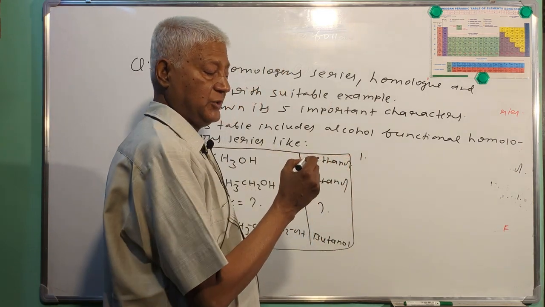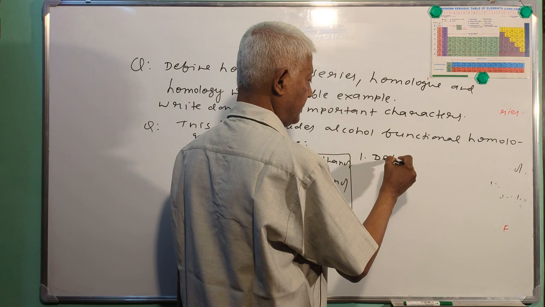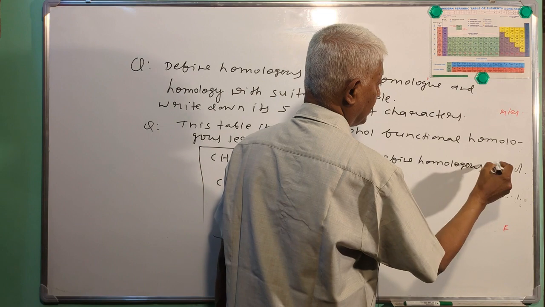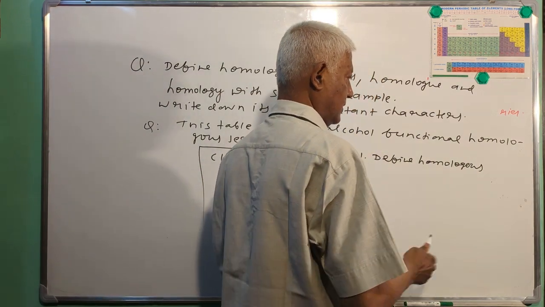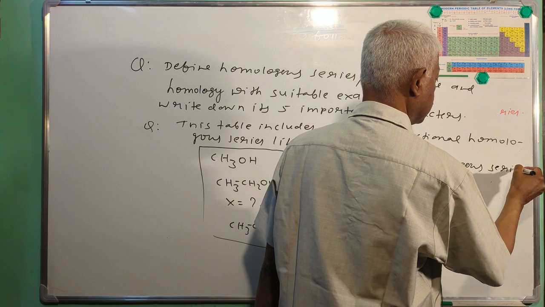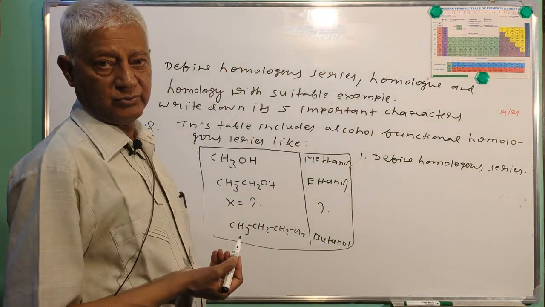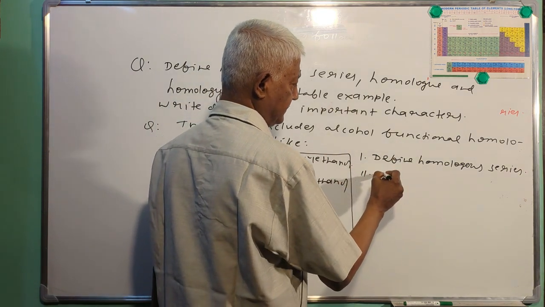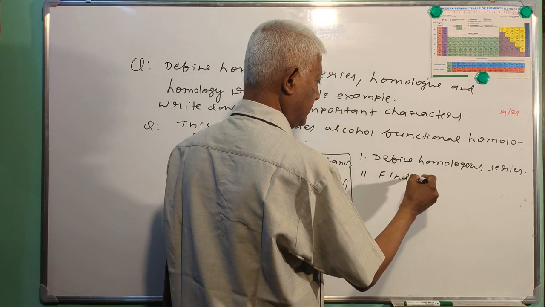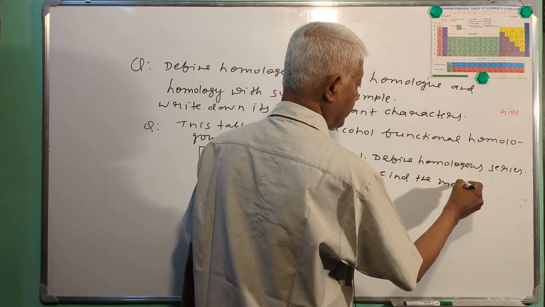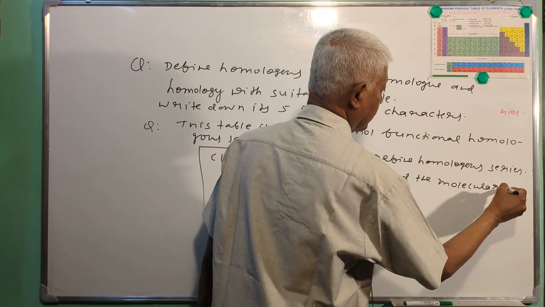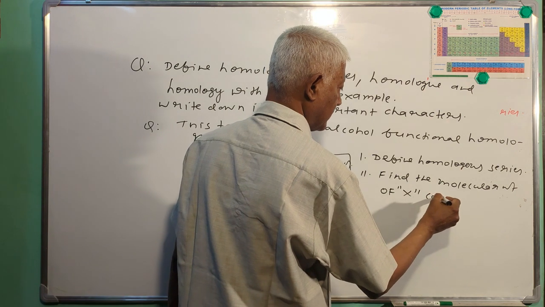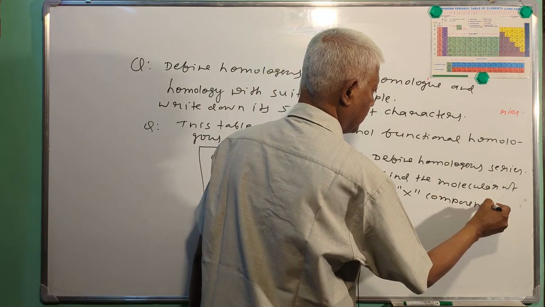In 5 marks generally they ask. So at first, define homologous series. I have already given you the definition of homologous series. Second one is find the molecular weight of X compound.